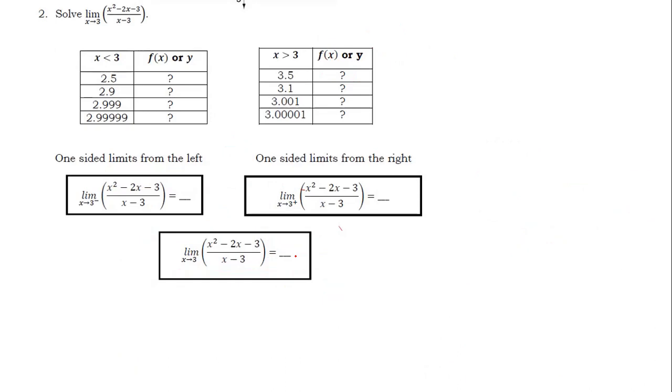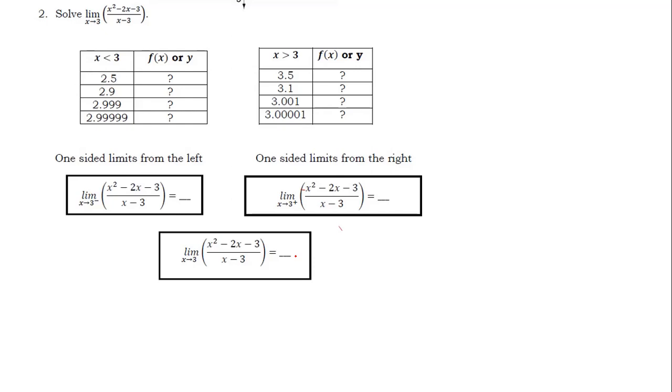Okay, here we have another example. Where does it approach? We will have the given function x squared minus 2x minus 3 all over x minus 3, and we have the limit as x approaches 3.